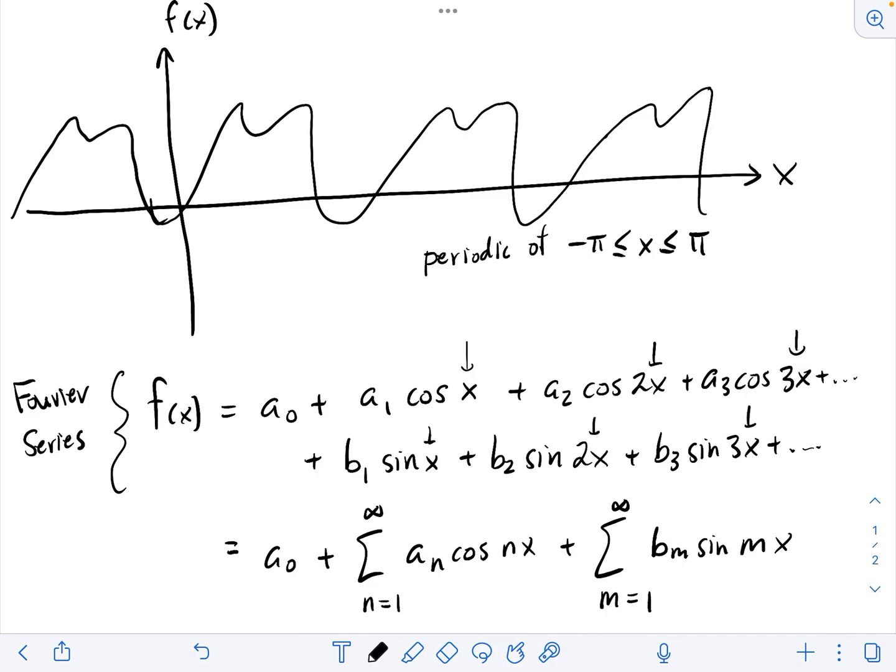What we could look at are which terms in the series have non-zero coefficients, like which of the A1 or A2 or A3 or any of the An are non-zero. That tells us the frequency content of the signal, as well as the Bn coefficients.